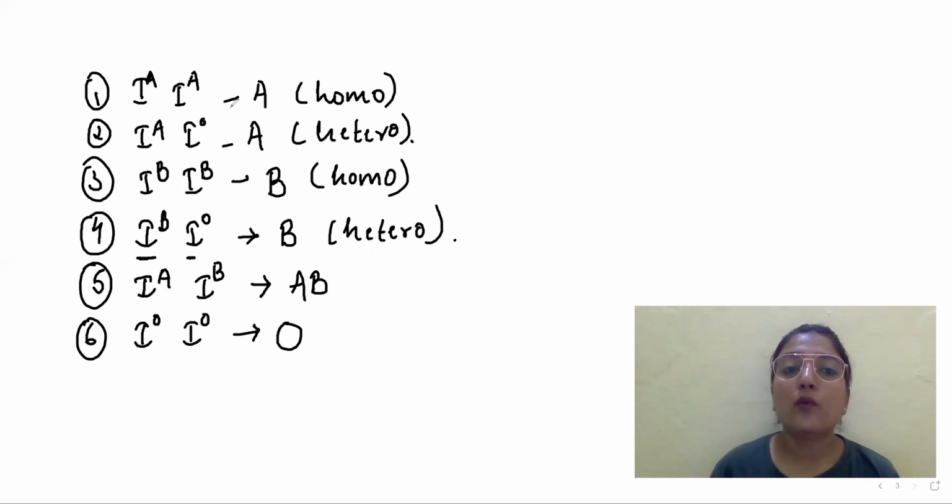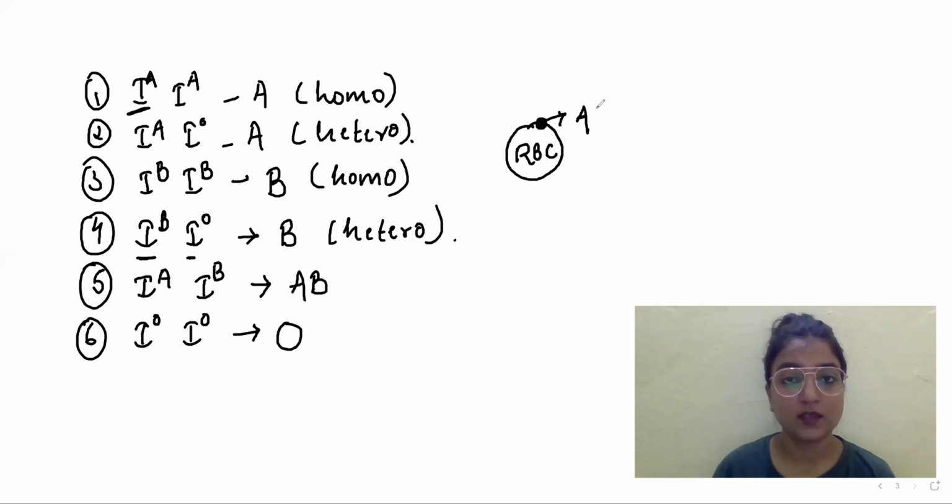Now, whatever alleles are present on the surface of the RBC, these alleles are responsible for the particular blood group. If you say that a person's blood group is A, it means that the person's RBC surface has antigen A, right?